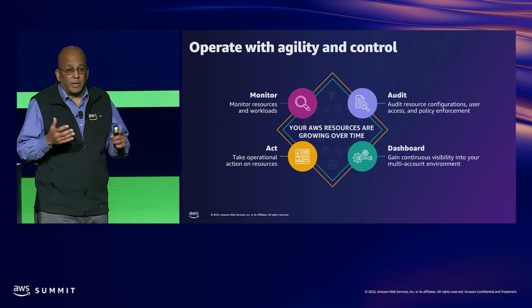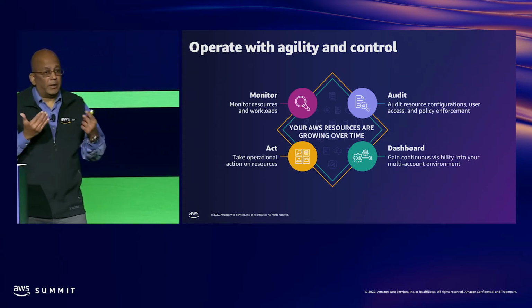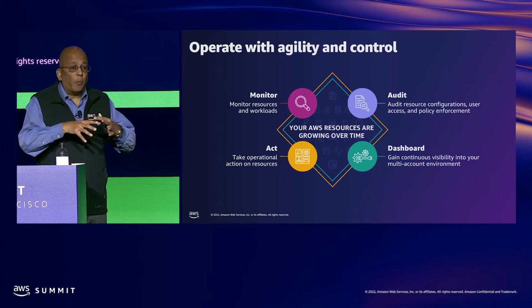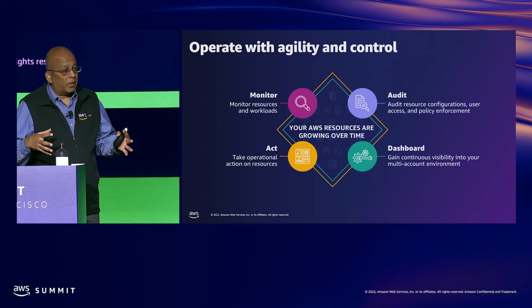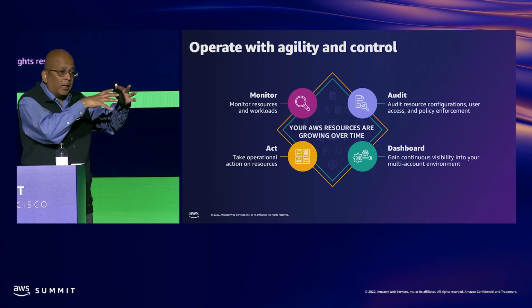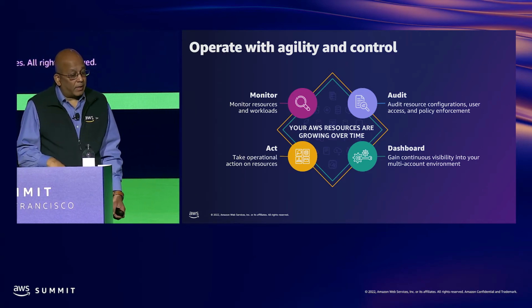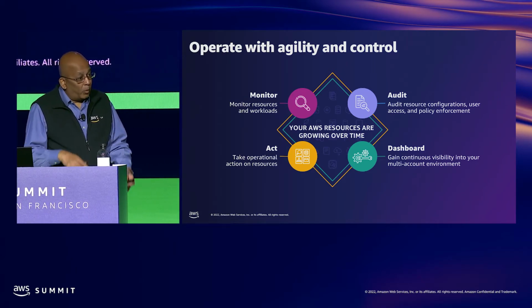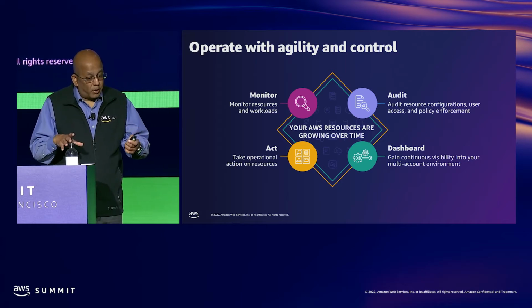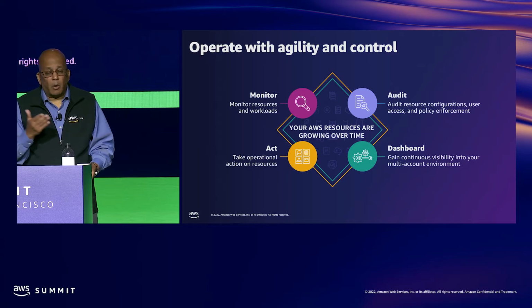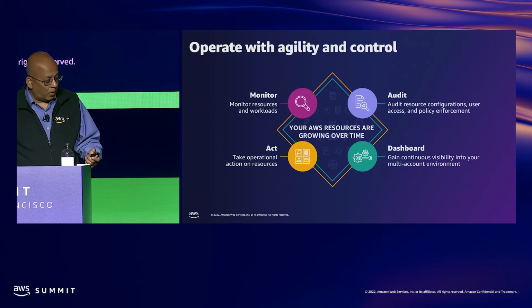If there's some compliance need that you get alerts to, which says, there's some operational issue that needs to be taken care of. You want to be able to operate at scale, right? You want to make sure that you can operate at the level of an organization unit or at the AWS organizations level itself, right? And with the Control Tower, you get this dashboard, which will help you get this continuous visibility into your account, into your multi-account organization.